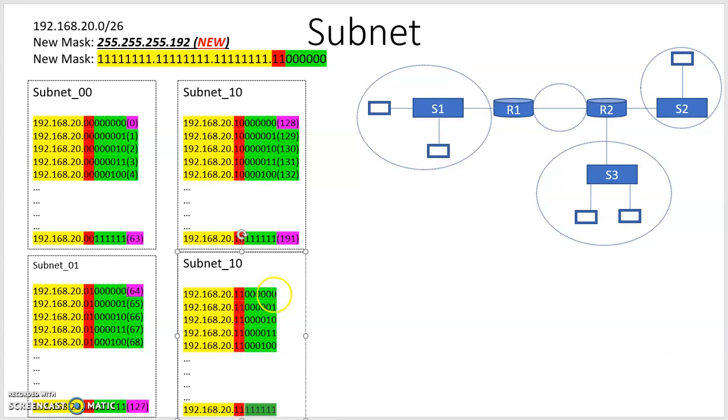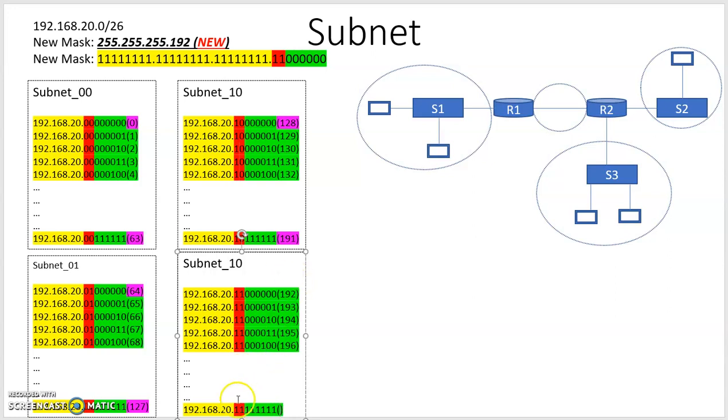So what is this number? 1 1 and 6 zeros. That is 192. So this must be 193, 194, 195, 196, and this last one, all ones.